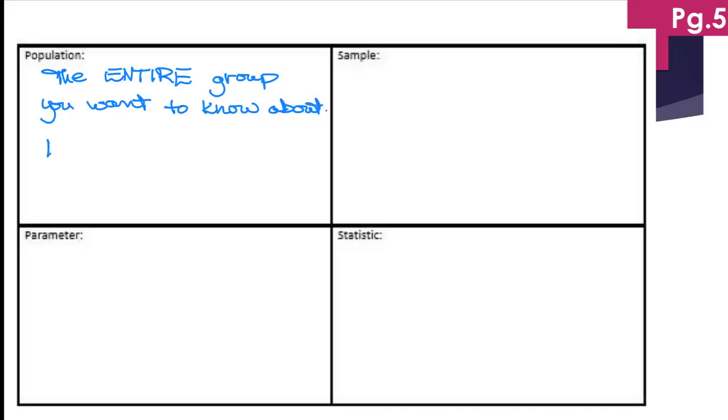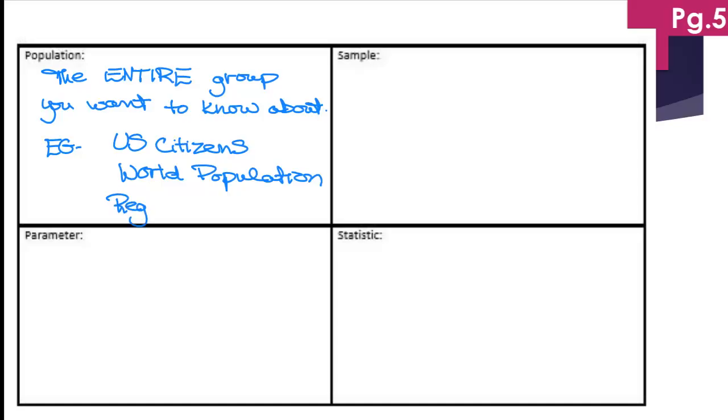For example, we could be talking about all U.S. citizens, the world population, or registered voters. So it is the big group.